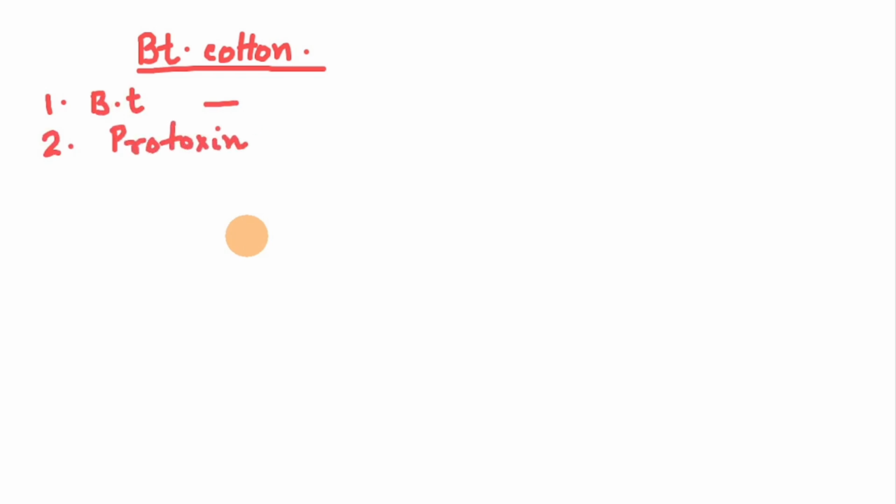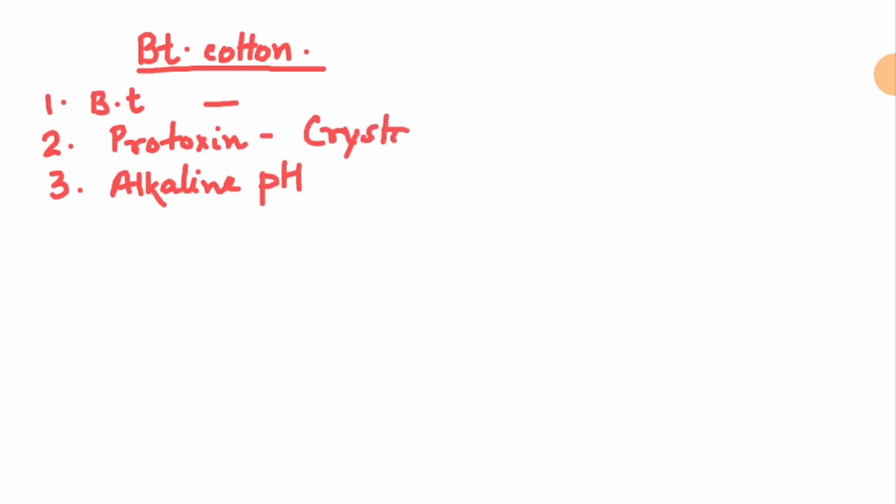The precursor of toxin is protoxin. Then third point will be when it is ingested by the pest, alkaline pH is going to solubilize the crystals. So these are in the crystal form. Protoxin is in the crystal form. So crystals are solubilized.